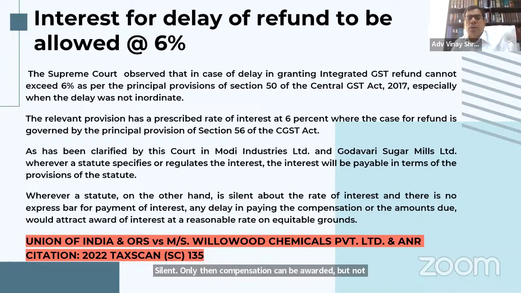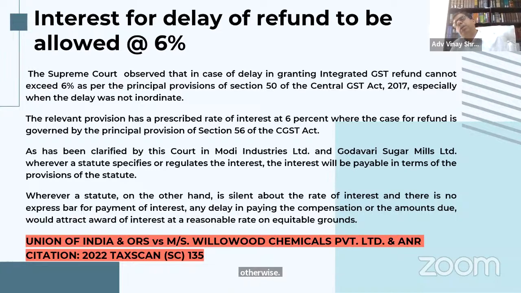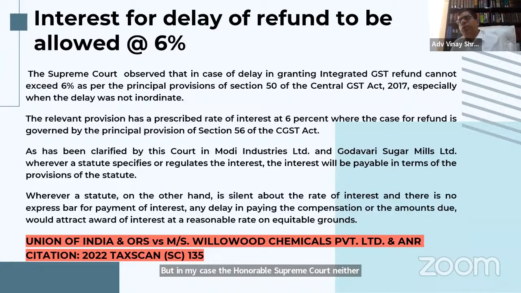But in my case, the Honorable Supreme Court neither recorded my submission nor made any observation about the fact that no rate of interest is prescribed for the period between the mandatory period for grant of 90% of the provisional refund, which has to be granted within 7 days of the application, and the 60th day.